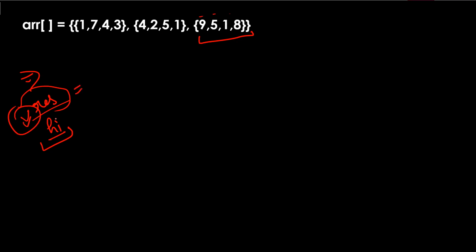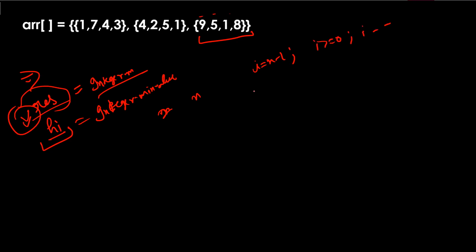Initially we'll be initializing the value of res as Integer.MAX_VALUE, and this one as Integer.MIN_VALUE. Then we'll start our loop. Two loops basically we'll be using. The outer one will be i equal to n minus 1, i greater than or equal to 0, i minus minus.